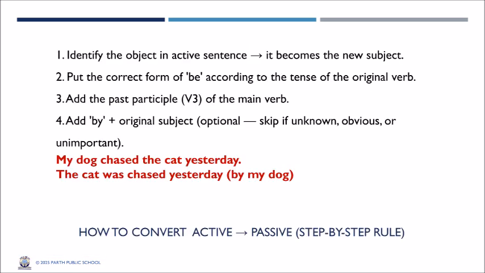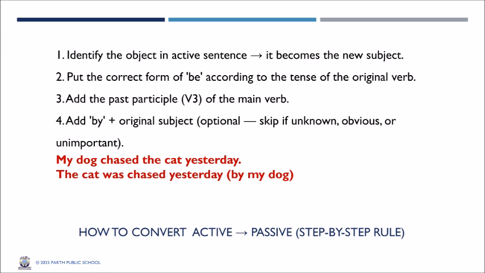How to convert active to passive? Let's understand the step-by-step rule. First of all, identify the object in the sentence because it is now going to become the new subject. Let's understand the sentence side by side. My dog chased the cat yesterday. This is active voice. Now, what is the object? The cat. Correct.